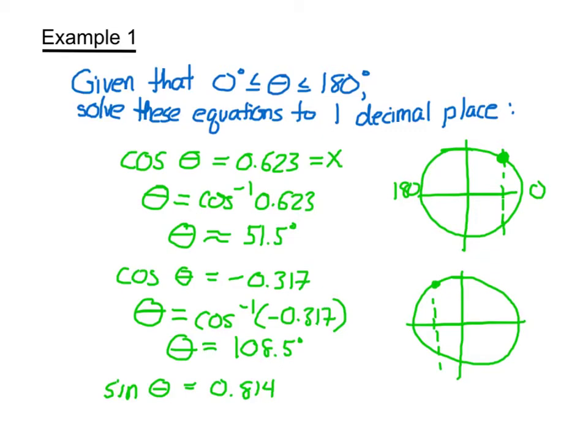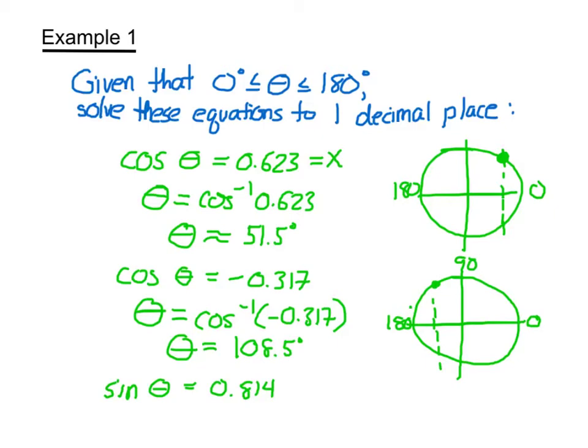And this makes sense based on the unit circle that we saw. We know we're staying between 0 and 180 degrees, and 108 degrees is just past 90, so we're on track here.